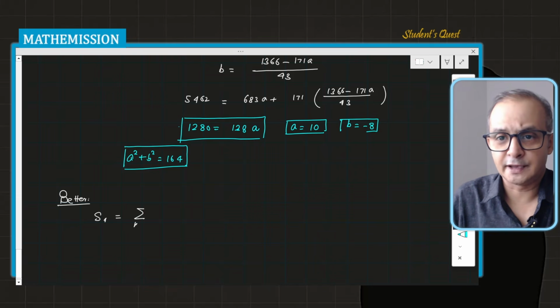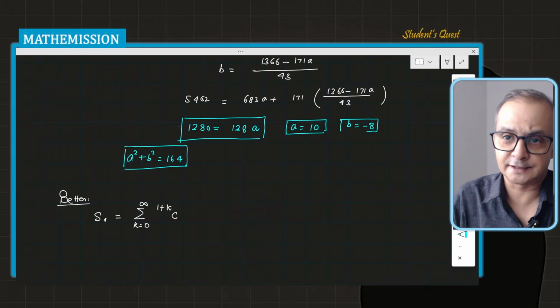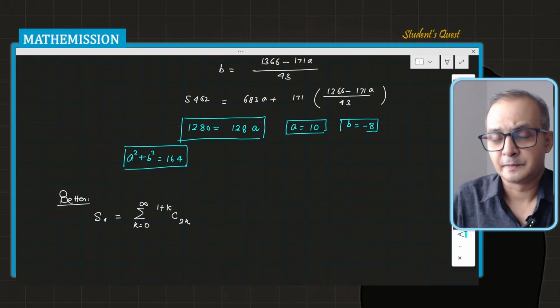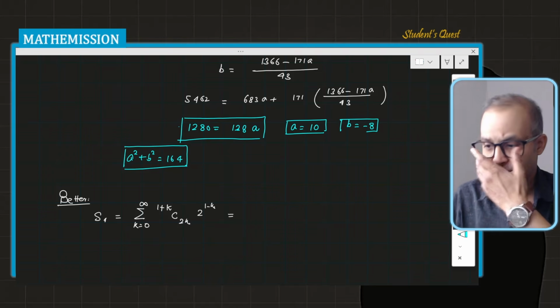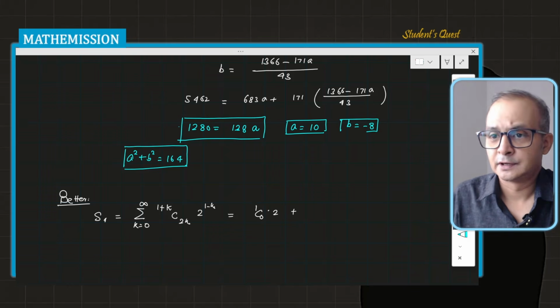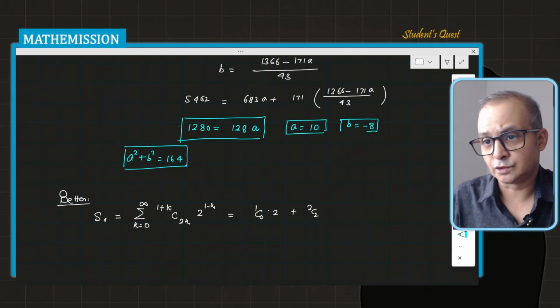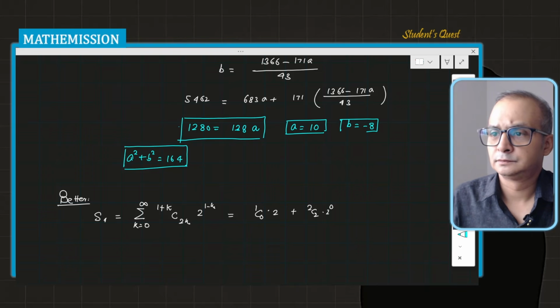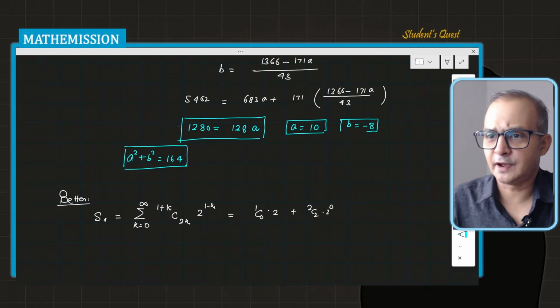This is the sum over k from 0 to infinity, and I have to put n is equal to 1, so (1 plus k) C 2k, times 2 to the power 1 minus k. From there you will start adding. So the first term you get 1C0 times 2, the second term you get 2C2 times 2 to the power 0, and after that it will vanish, so it will give you 2 and this is 1, so 2 plus 1 is 3.